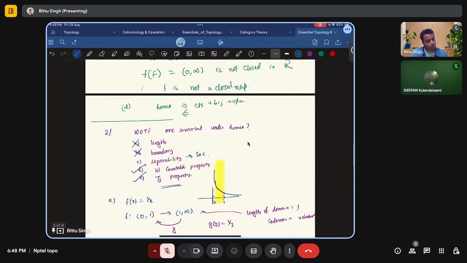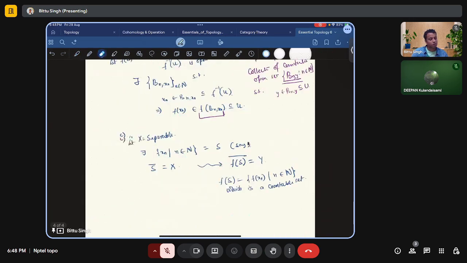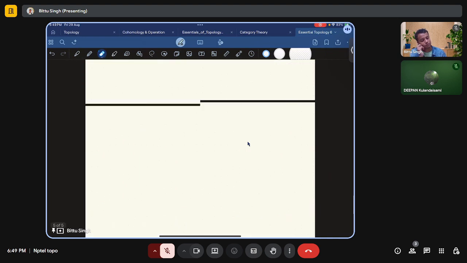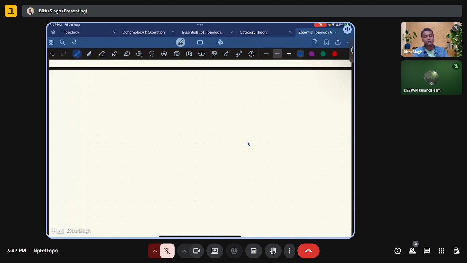So this is also. So we have seen some properties are topological properties, that is, preserved under homeomorphism, but some properties are not.